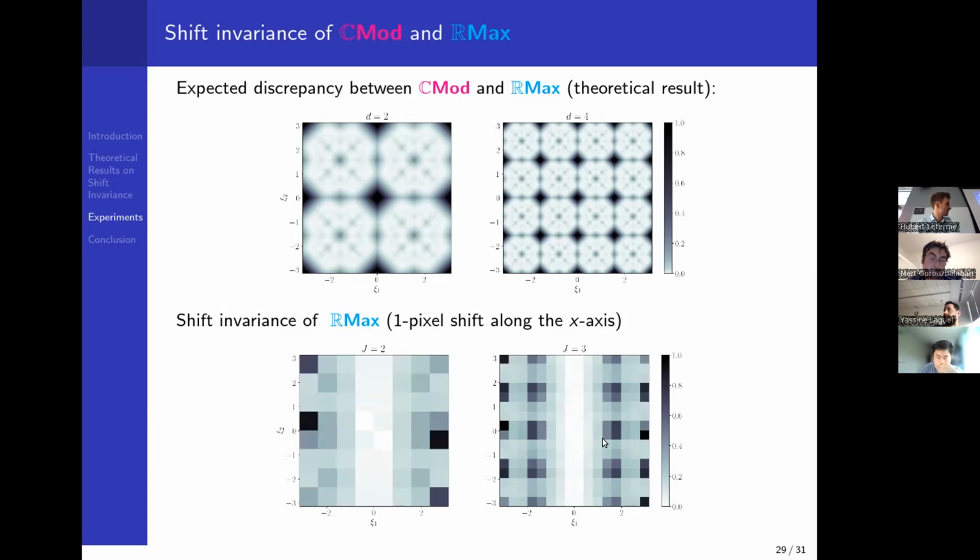And these regions of instabilities are exactly correlated with the theoretical pathological frequencies. So we can say that instabilities arise when the discrepancy between CMOD and Rmax operators is high. Therefore, we have established a validity domain for shift invariance of Rmax feature maps, such as implemented in standard CNNs.